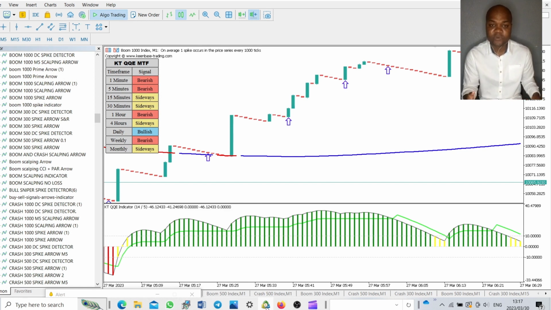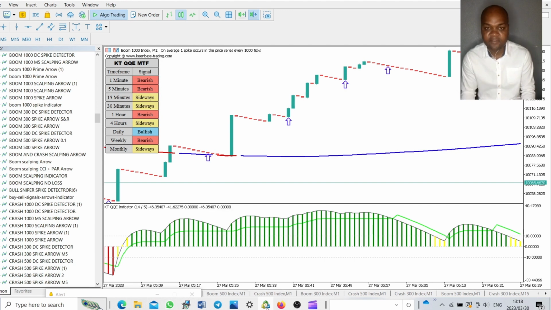In most cases, what I've noticed with spike detectors, in most spike detecting systems, they tend to produce a signal, for example an arrow, when the spike has already appeared.